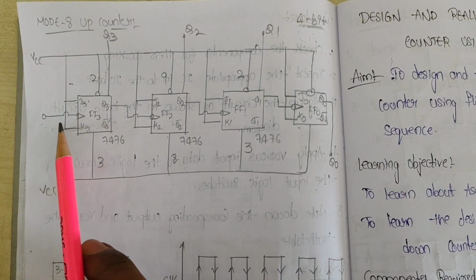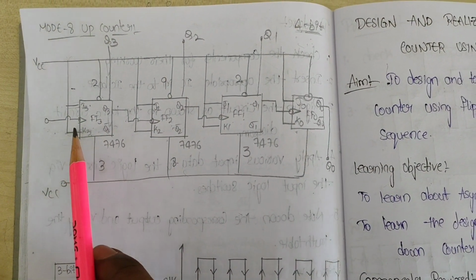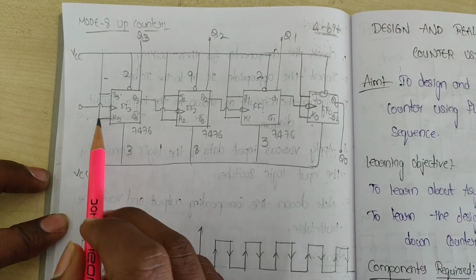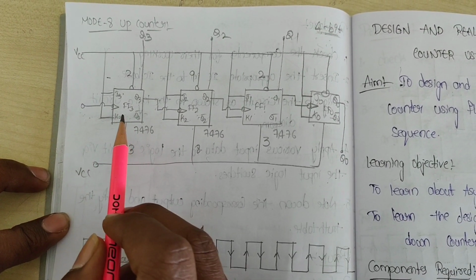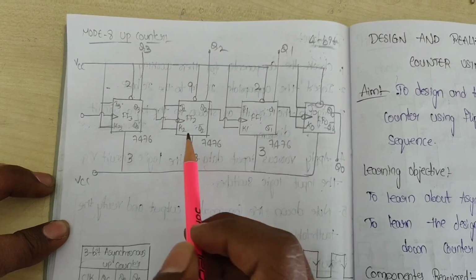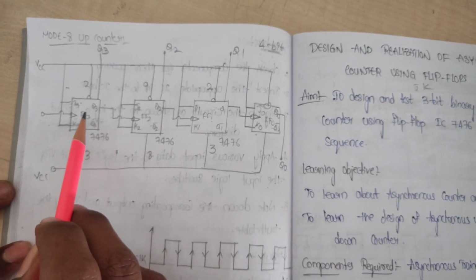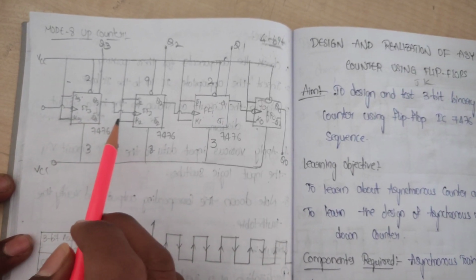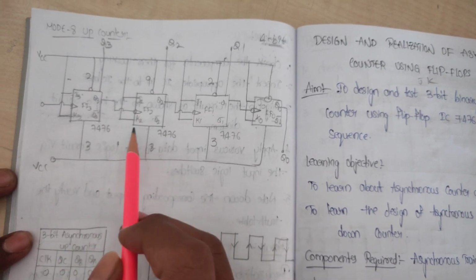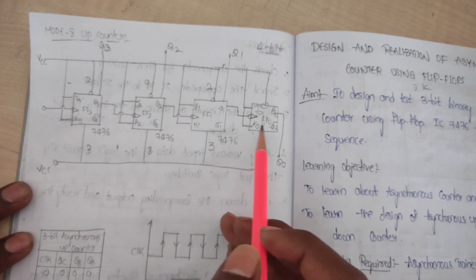Here we use a negative edge triggered clock pulse for easy construction, and we take the output of the first flip-flop as the clock of the adjacent flip-flop. The output of flip-flop 1 is taken as the clock of the adjacent flip-flop, and it continues like that.